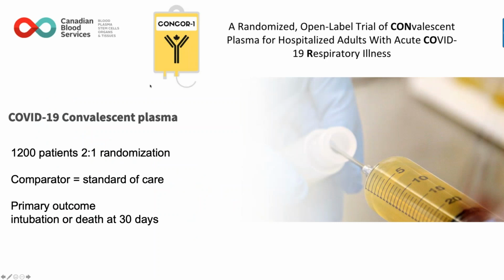Currently in Canada, there is an interest, as there has been for other conditions, in using convalescent plasma. Our first speaker alluded to the fact that there's an increase in IgG and IgM in the convalescent phase of this infection, and this capitalizes upon that notion.